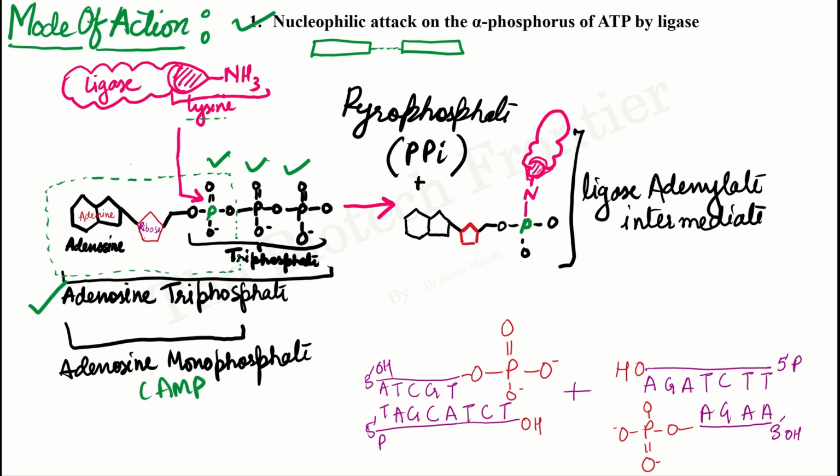Now suppose this is a ligase enzyme, and this enzyme is carrying a lysine. So the oxygen atom that acts as a nucleophile from a specific amino acid residue, usually lysine, within the ligase enzyme, acts on the alpha-phosphorus atom of the ATP.